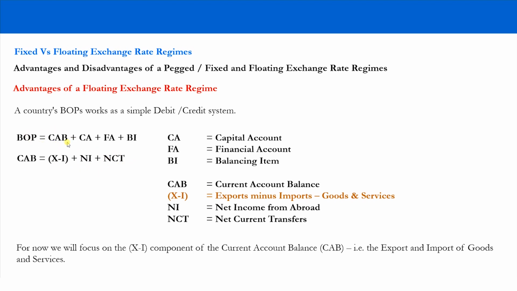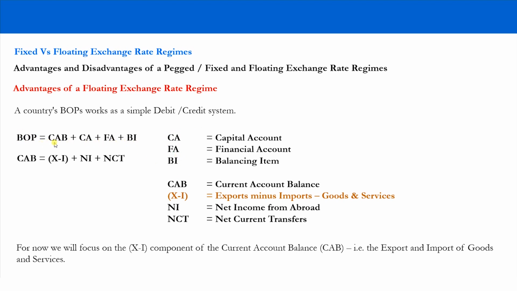So one of the main components of the balance of payments is the current account balance, made up through net exports or imports, net income from abroad, and net current transfers. The balance of payments is also made up of the capital account, the financial account, and the balancing item. And it's the sum of all these parts.